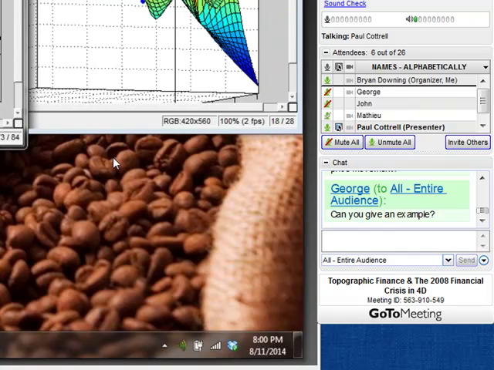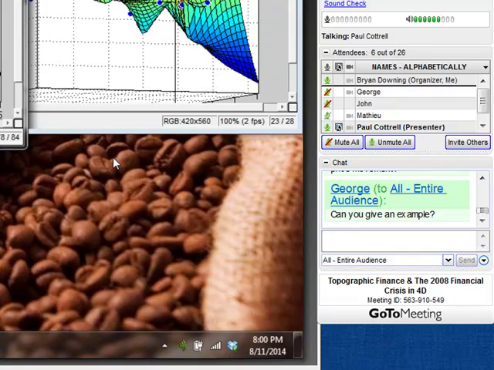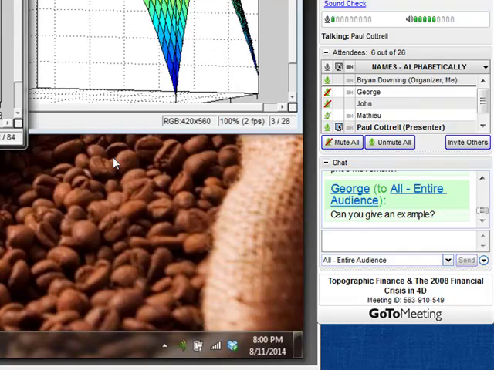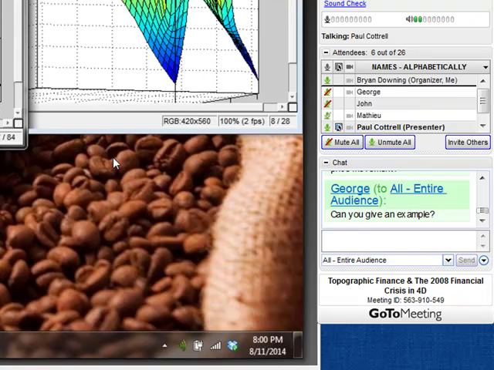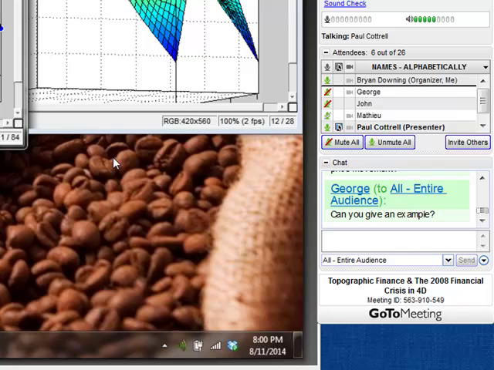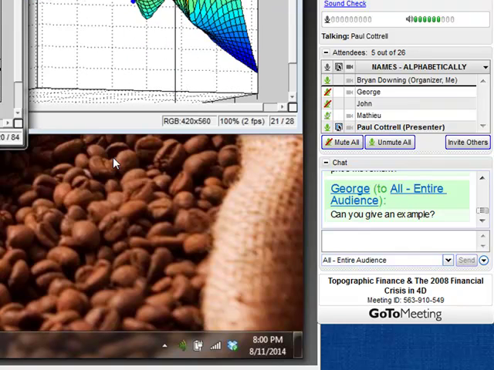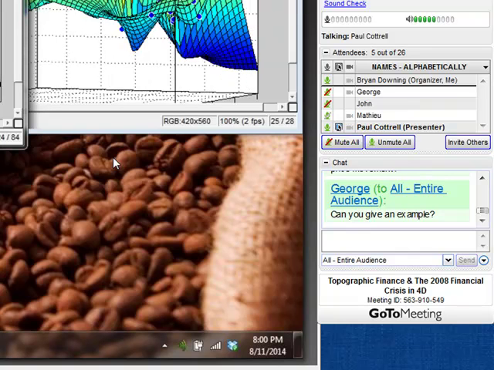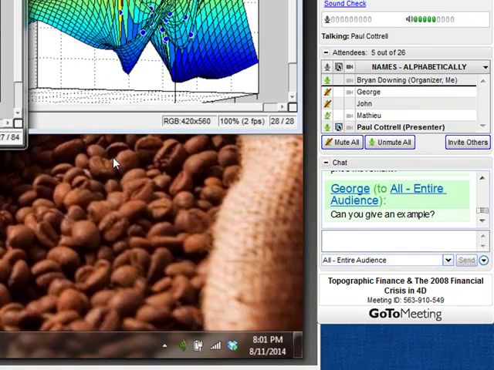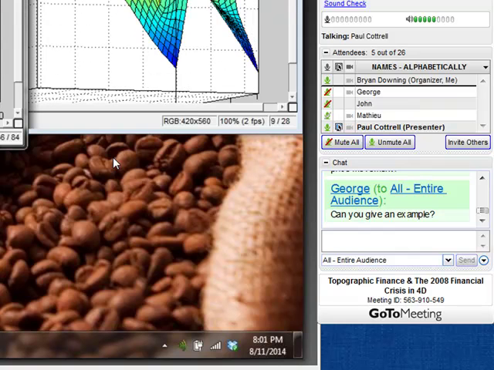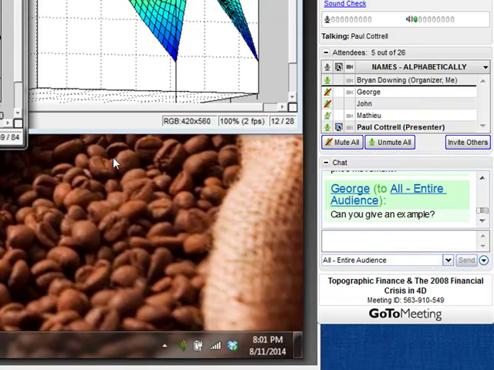The 5-minute moving average will move up, move down, move up, move down quicker than the 20 or the 10. So you get this kind of rhythm of the market, and there's a pattern that happens at the 5-minute moving average curve.